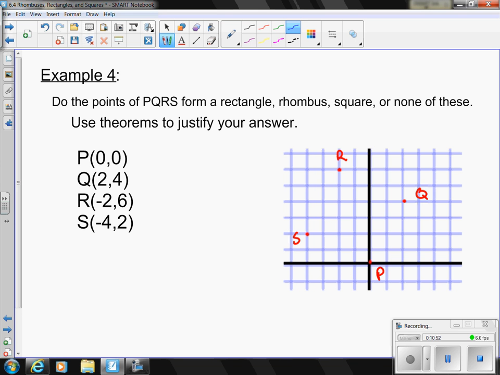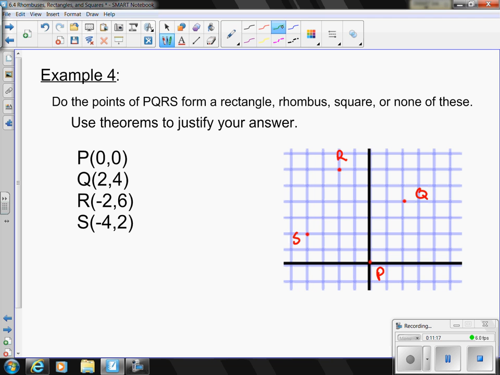So first off, if it's going to be a rhombus, we can show that all the sides are the same length. But showing all the sides are the same length doesn't necessarily show that it's not a square. We want to use the most specific one as possible.